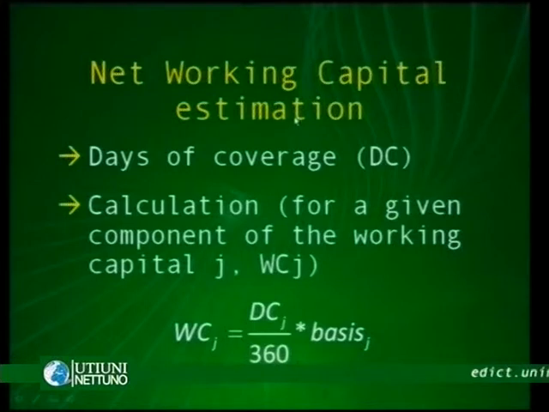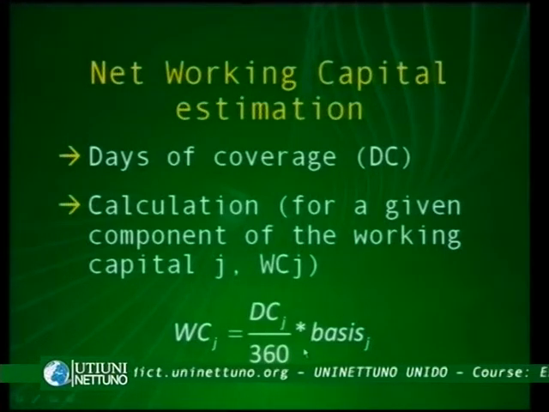So this is important because once we define the days of coverage of any given item of the working capital, we can easily calculate the value of each component of the working capital. So if in this formula we define as WC_j the value of the j-th element of the working capital, we can easily calculate it by applying this formula.